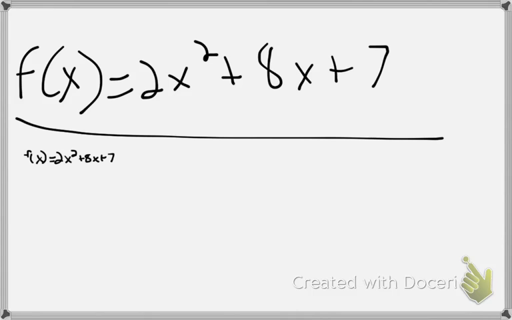Now let's start working this out. What we do is we take out the f of x, and we do 2 times (x squared plus 4x), and then plus 7, because we needed to take the 2 out of this term.